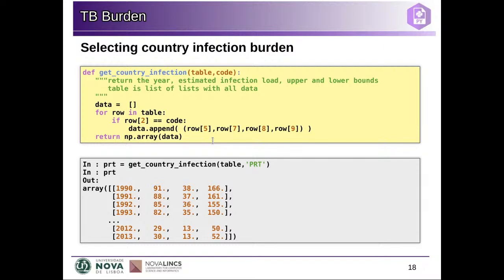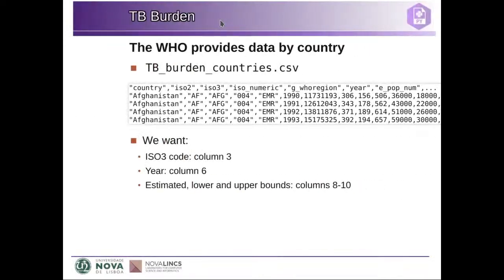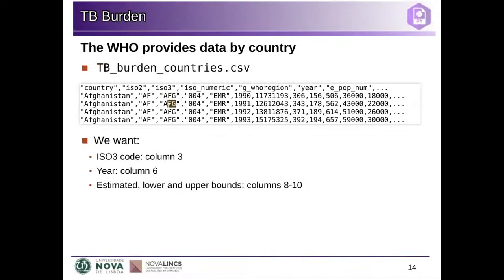Okay, so now what we want is to be able to extract from this table the infection rate for one particular country. So we create this auxiliary function that receives the whole table and the ISO 3 code for one country, and what it does is go through the table, and if the third column contains the ISO code for the country, note that index 2 is the third column, and so this corresponds to this column here, which has the ISO 3 code for the country.